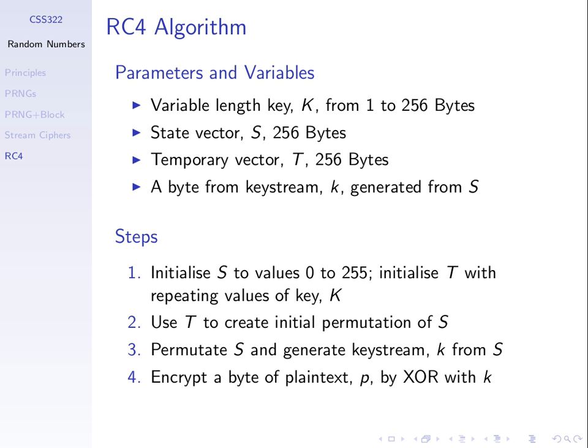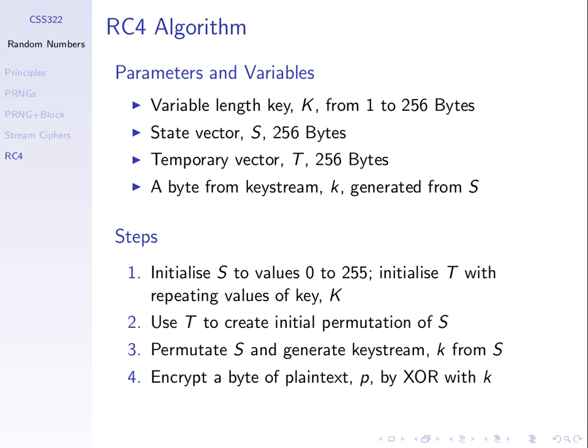So in RC4, every element in our state vector is an 8-bit value, so it can range from 0 up to 255. In our example, every element in our 8-element vector is a 3-bit value, so it can range from 0 up to 7 in decimal.